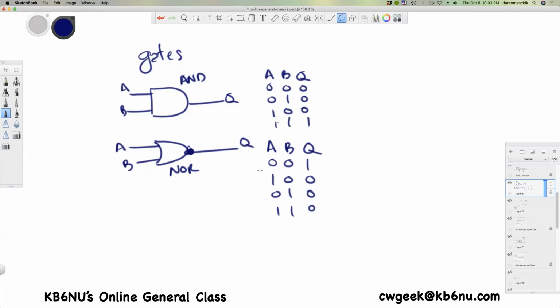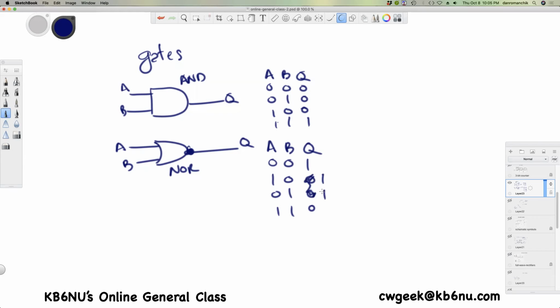Well, wait a second. No, output is low when either or both inputs are high. Oh yeah, when either. That doesn't make sense. Oh yeah, it does. Sorry about that. See, I don't even get it right myself.